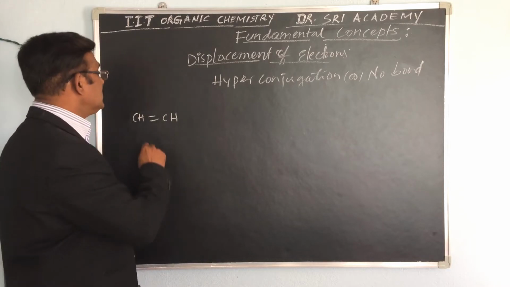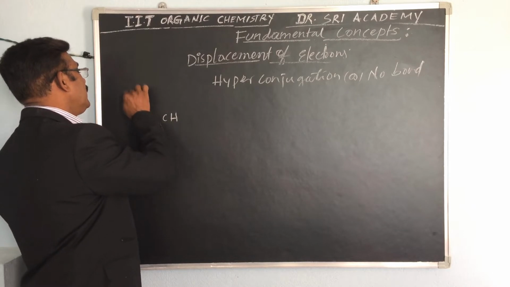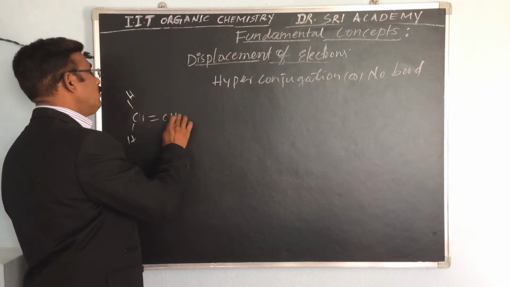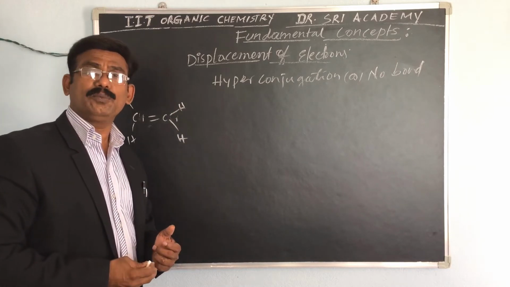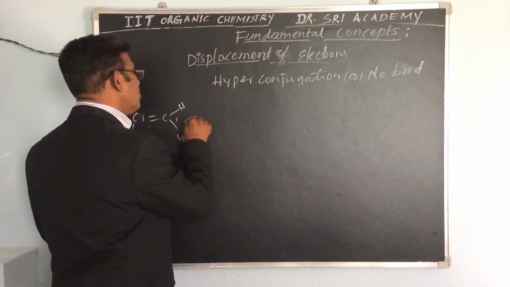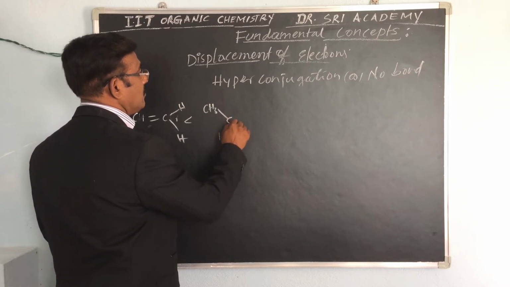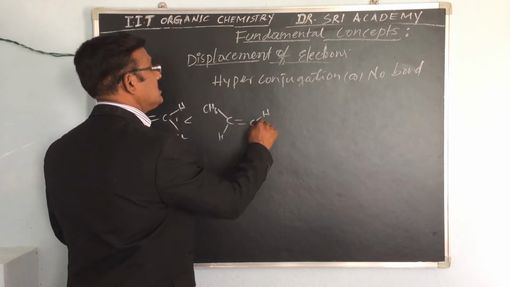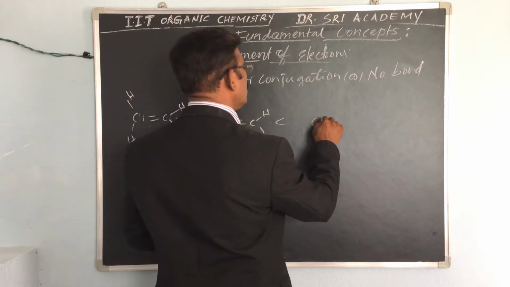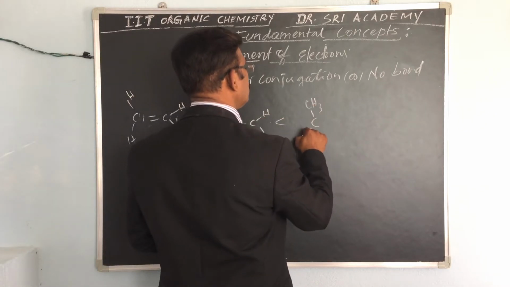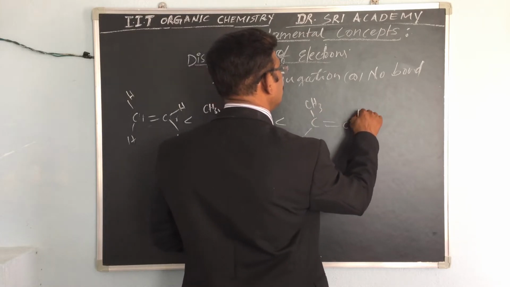CH2 double bond CH2, there is no methyl group. Now, one methyl group added, CH3. Then 2 methyl groups. Increasing order of the stability.